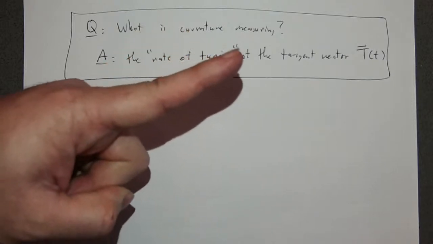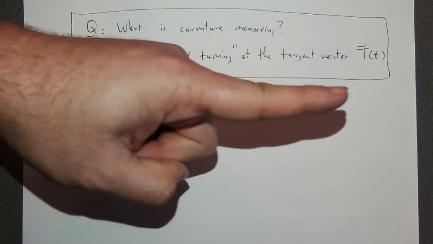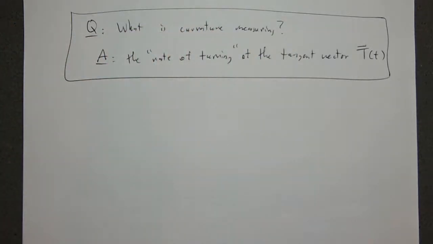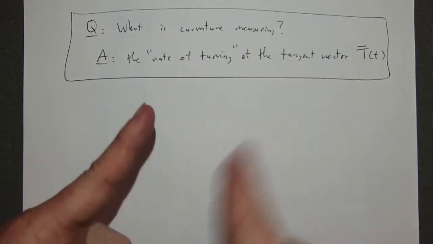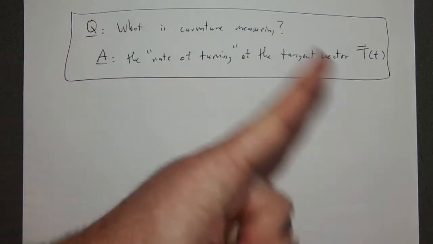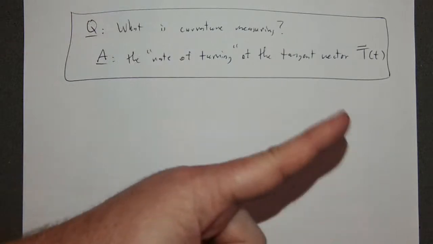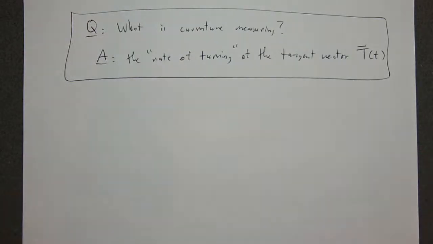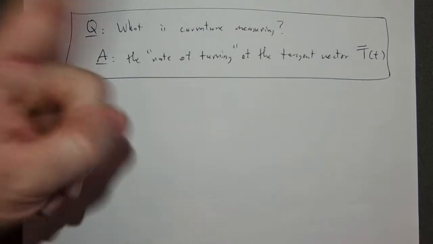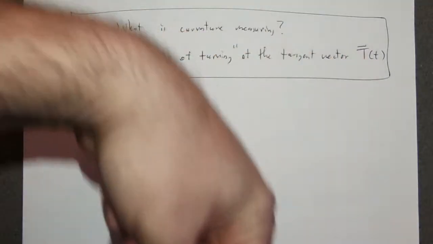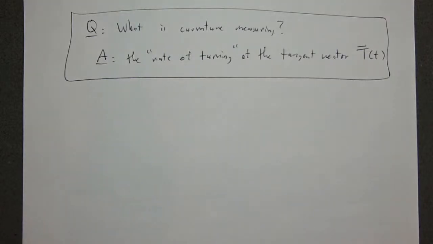So if my rate of turning is gradual, that is going to be a curve that is less curved overall than a curve that rapidly turns. Now, of course, you could have a curve that rapidly turns in some places and is a line in others. So near the points of rapid turning, the curvature is high, whereas at the places where it's more gradual, the curvature would be closer to zero.